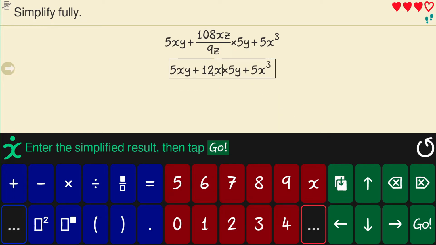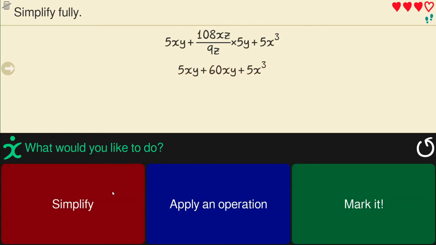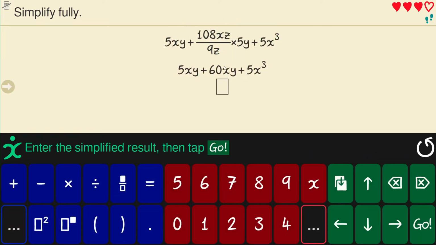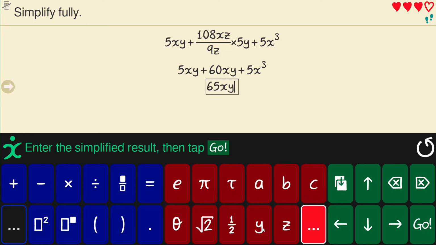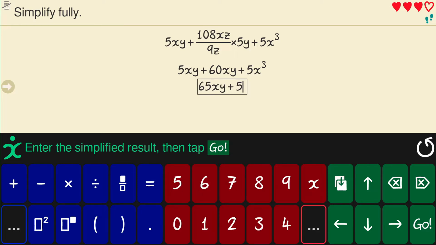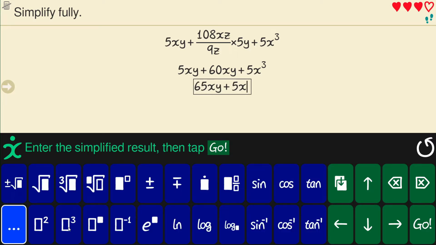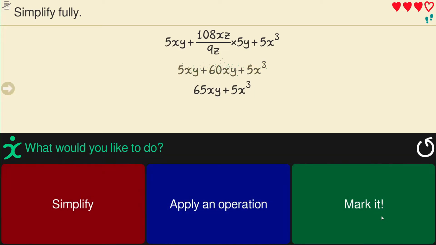Then I've got 12 times 5, I believe that is 60xy, and then I'll do the rest of the simplifications on the next line. So 5xy plus 60xy is 65xy, and then the other term is just the same, 5x to the power 3. There we are.